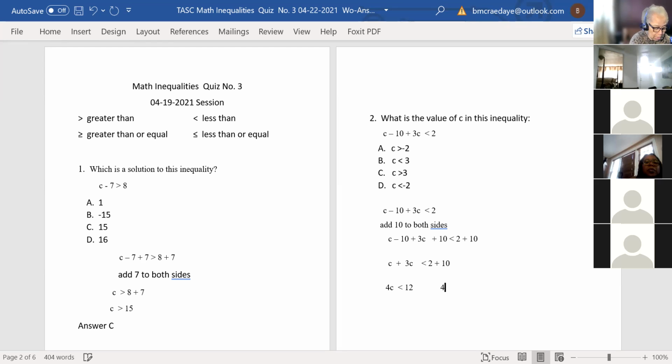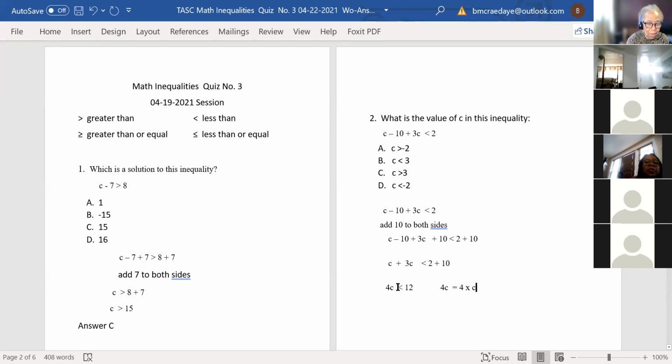So 4C is equal to 4 times C. You could put an asterisk here or you could put a dot, but 4C means 4 multiplied by C. So that's a multiplication. What's the opposite of multiplication? Division.